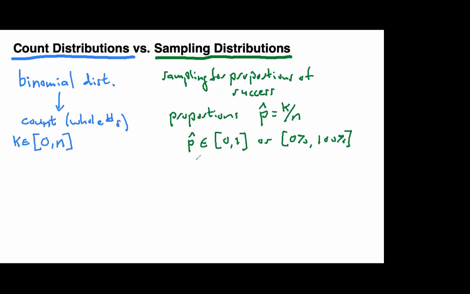In this case, this is an example where it's approximately continuous. It's approximately a continuous distribution as we have larger and larger n's. But technically, it actually is a discrete distribution.